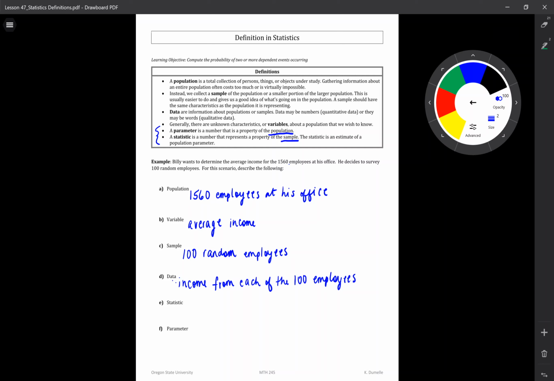Our statistic is the number that represents the property of the sample. So our statistic here will be the average income of the 100 employees.